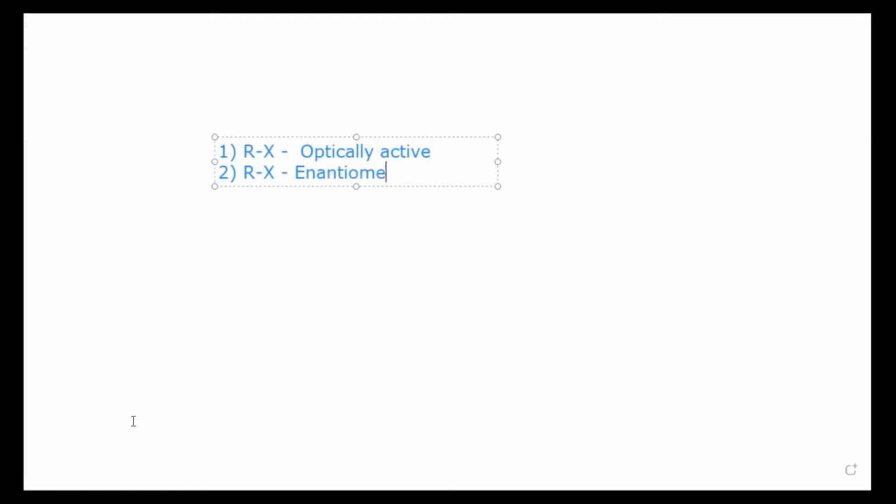Okay, so let me just clarify what exactly I'm trying to explain here. See, after passing through the polarimeter and everything, you got a plane polarized light. What is the meaning of plane polarized light? Well, you had the light which has its vibration restricted to one single plane. So this is your plane polarized light which has its vibrations making 90 degrees with respect to the x-axis.